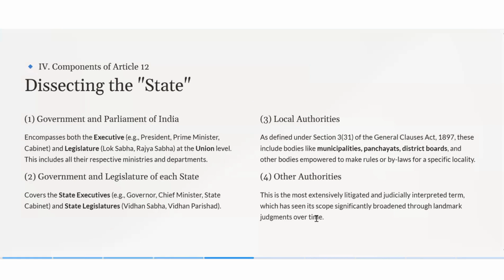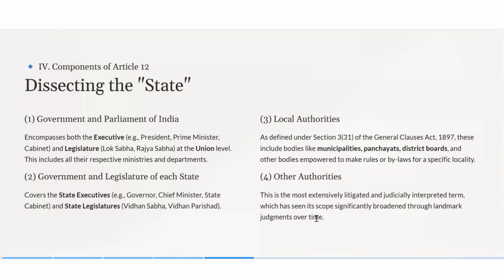This includes all their respective ministries and departments under the state. Government and legislature of each state covers the state executive, for example, the Governor, Chief Minister, state cabinet, and the state legislature that is called Vidhan Sabha and Vidhan Parishad.